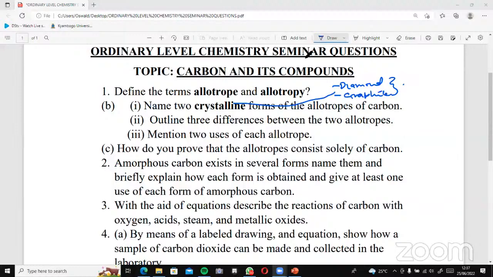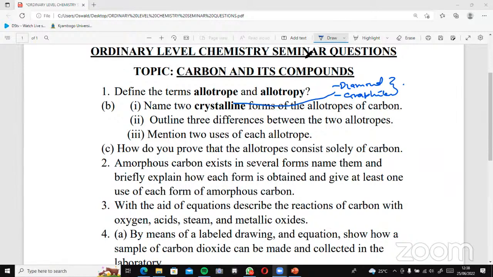Okay. John says diamond is hard while graphite is soft. Thank you. Martha says diamond is hard while graphite is soft. Thank you. Diamond is also transparent, while graphite is opaque. Okay, so those are 2. The first one is repeated.